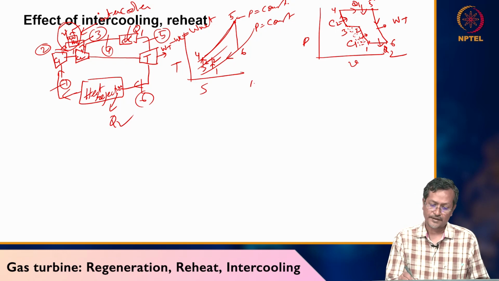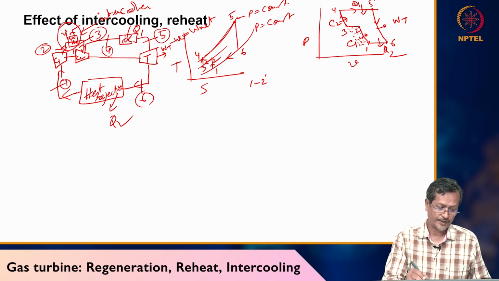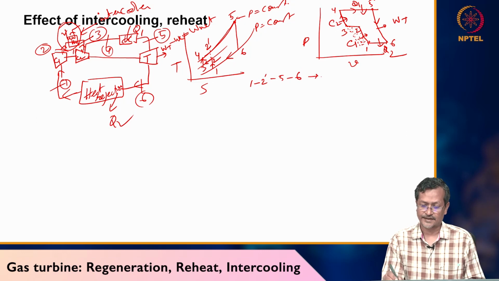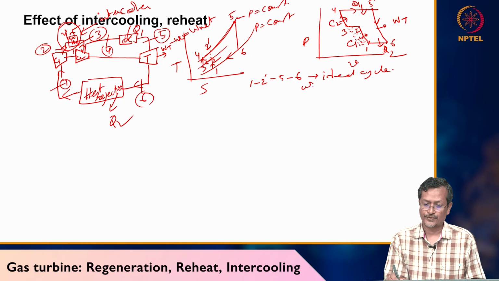Okay. So 1, 2 dash, I can put here. In the TS diagram I put 1, 2 dash. 1, 2 dash, 5, 6 is the ideal cycle without intercooling.